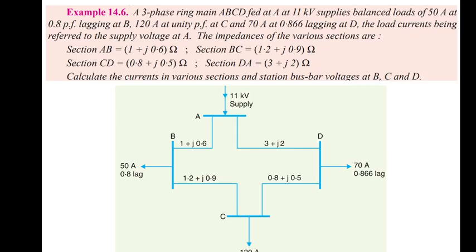By solving this example, you can determine how current is distributed in a ring network, evaluate voltage drops across each section, and ensure that the system operates within acceptable voltage limits while maintaining balanced load conditions. So you can compare this example with the previous example, radial systems.